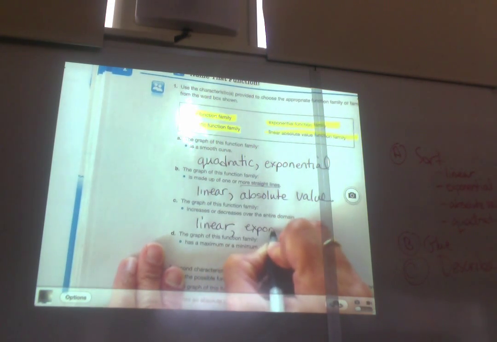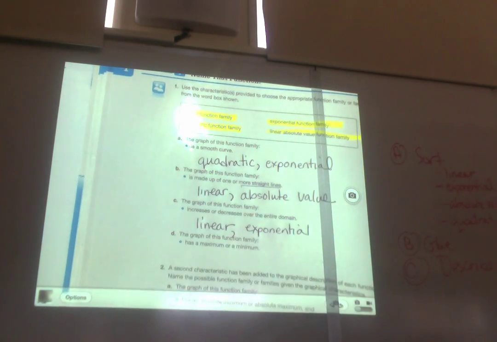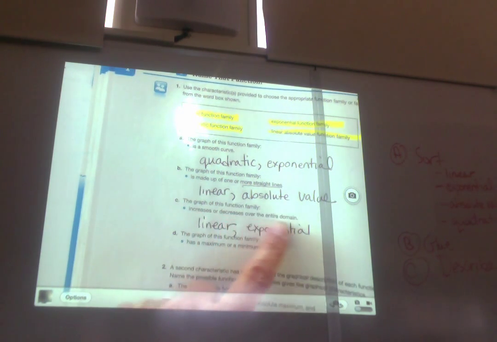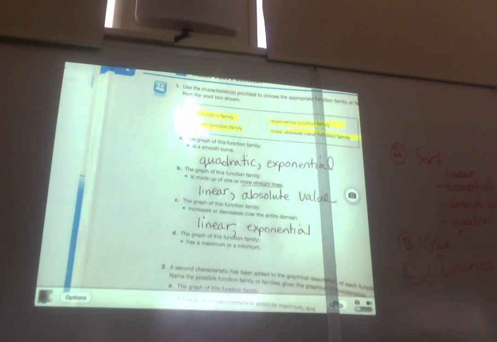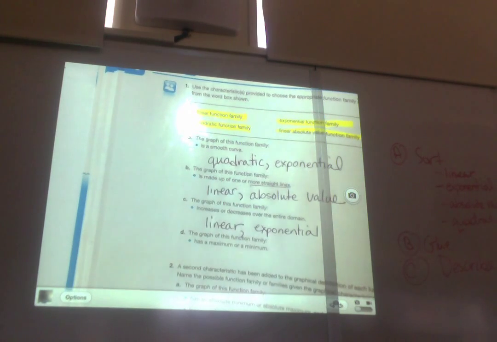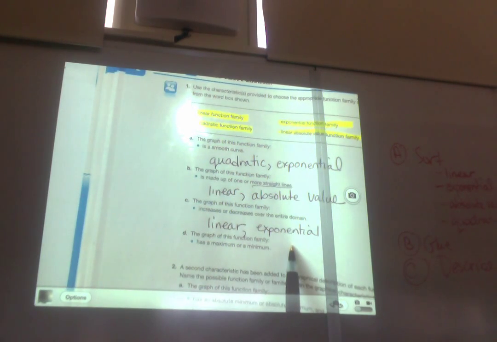Now, the reason I believe exponential fits better than quadratic is that increases or decreases over the entire domain means it's doing the same thing anywhere you look. It's either always going up or always coming down. Quadratic does up, up, up and then down, down, down, or vice versa. Brody, are you writing this down? Yeah, I got it.